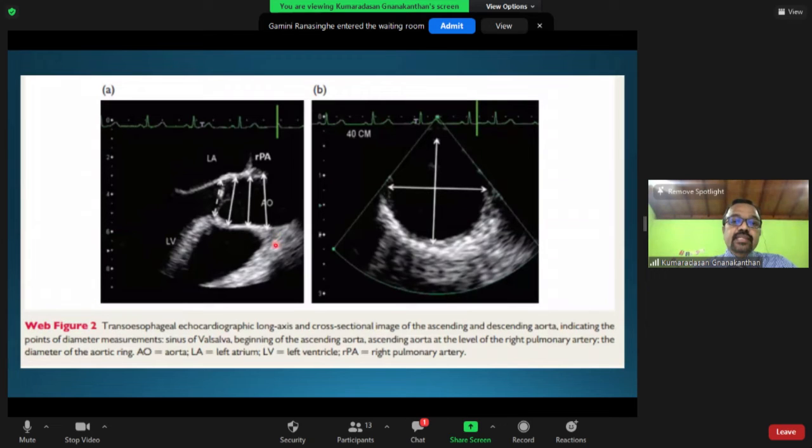And this is a transesophageal echocardiogram, where during the intraoperative period or even a preoperative assessment, you will be able to measure the dimensions of the aorta exactly.